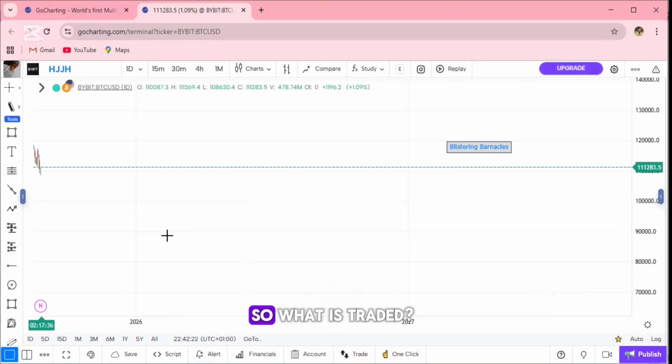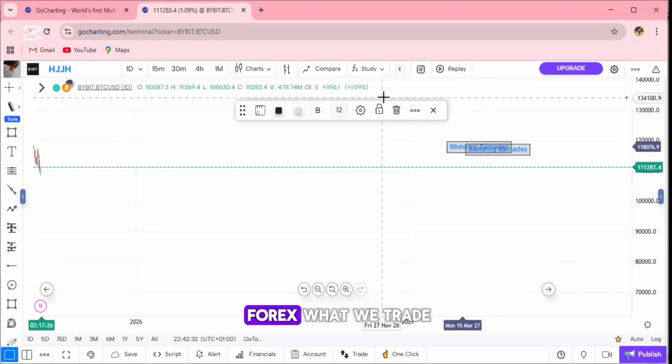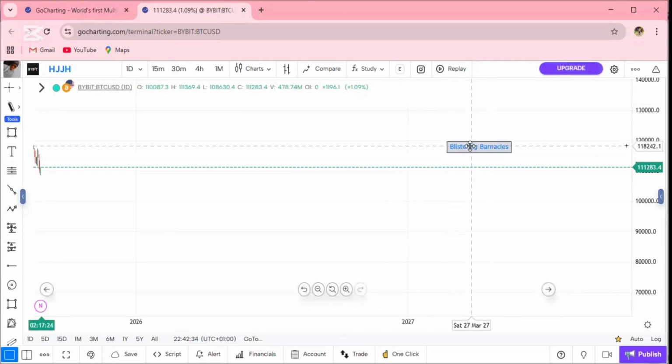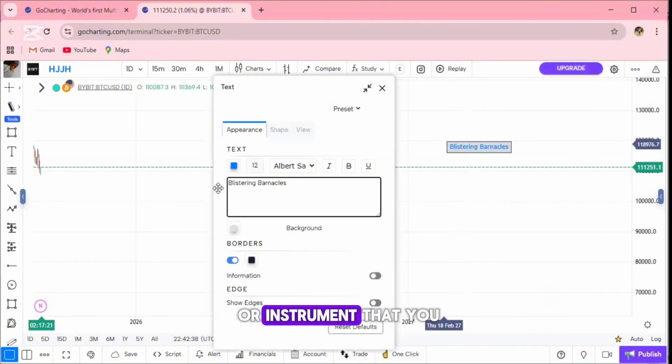So, what is traded when it comes to Forex? We need to know. Depending on the asset or instrument that you want to trade, we have different types of markets.